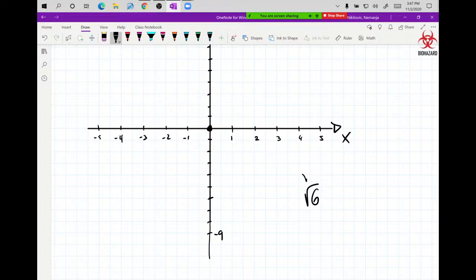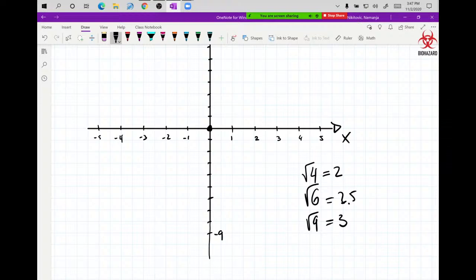Root 6 is in between root 4 and root 9, which are the closest ones that you know how to compute. Now, root 4 is 2 and root 9 is 3. So call it, I don't care, it's not 2.5, but it's good enough, okay? I did not have to go and look for a calculator.